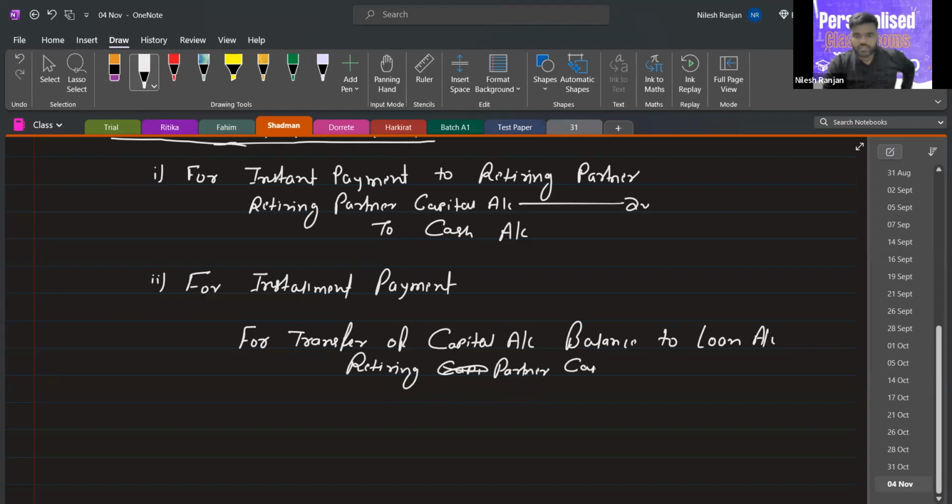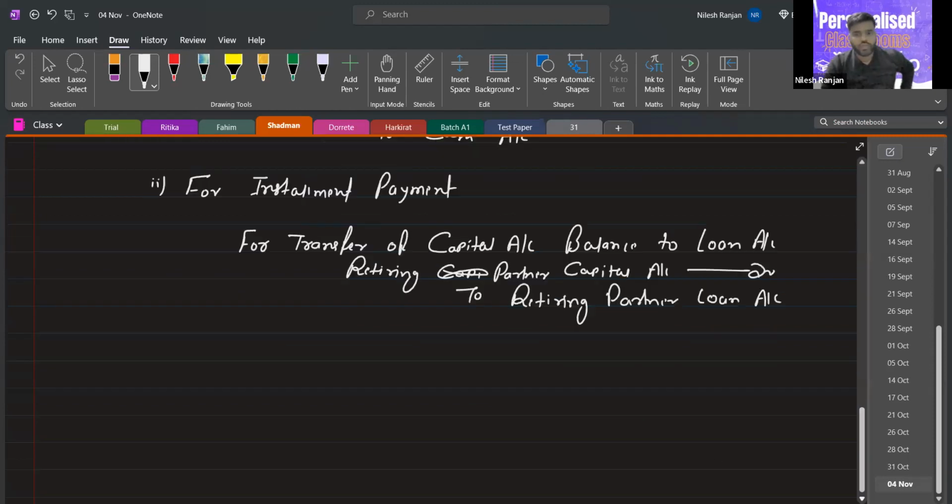Retiring partner capital account debit to retiring partner loan account. Now, first we have transferred to the loan account.